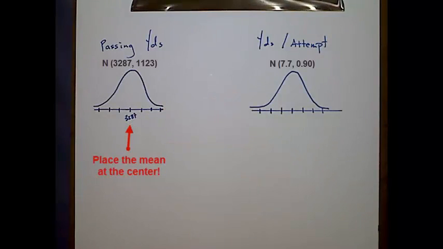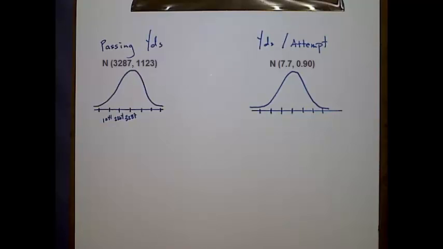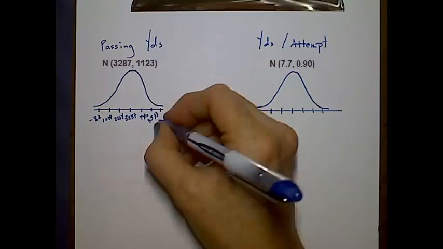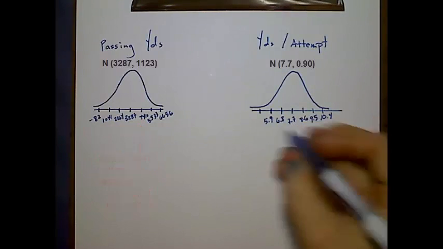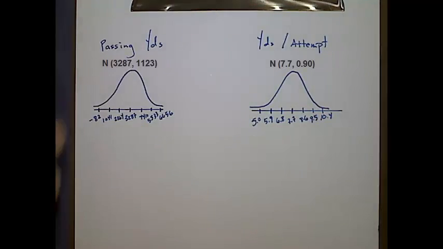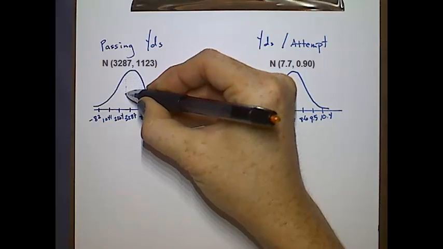But in order to do this, we need to take his score and standardize it, which in other words means find his z-score. So let's draw a picture to get an idea of where he falls among the distribution. As you can see here, his value of 2,753 falls below average, below the mean.